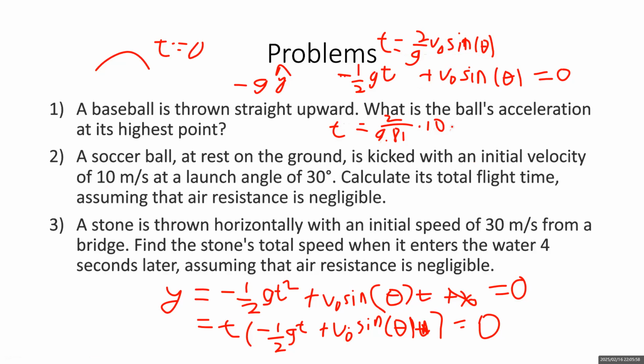And the sine of 30 degrees is 1/2. These 2's go away, and to two significant figures, this is going to be 1.0 seconds.